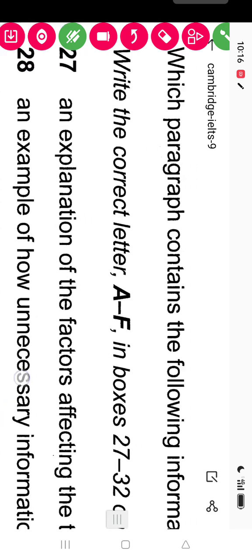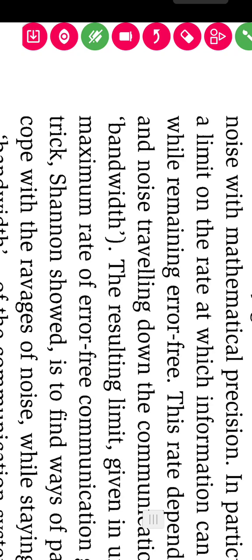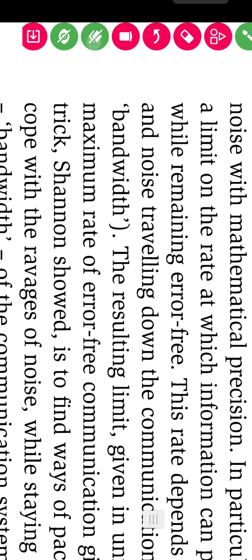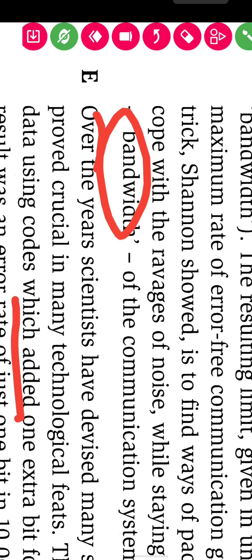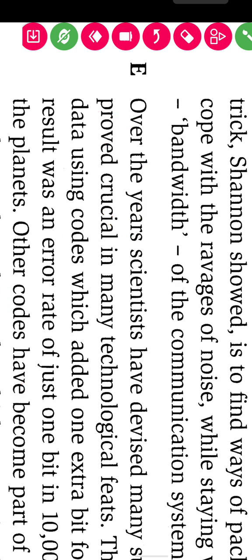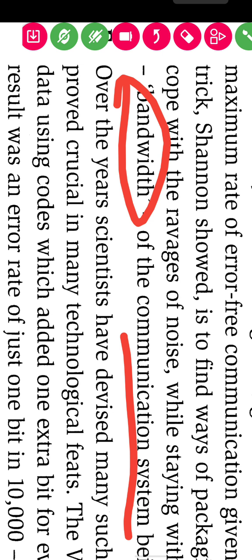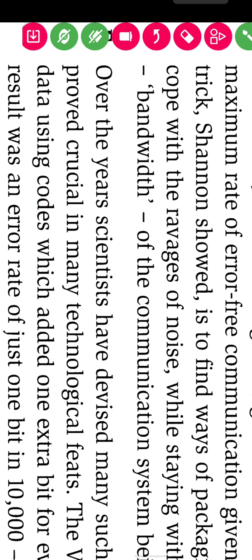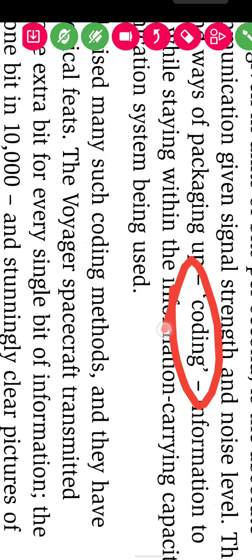That is, it is mentioned, see, let's go again. See, here it is mentioned with the bandwidth, and also it is said that it is the noise, and here we go, see, bandwidth, communication system, it uses the information for coding, so our answer will be false.